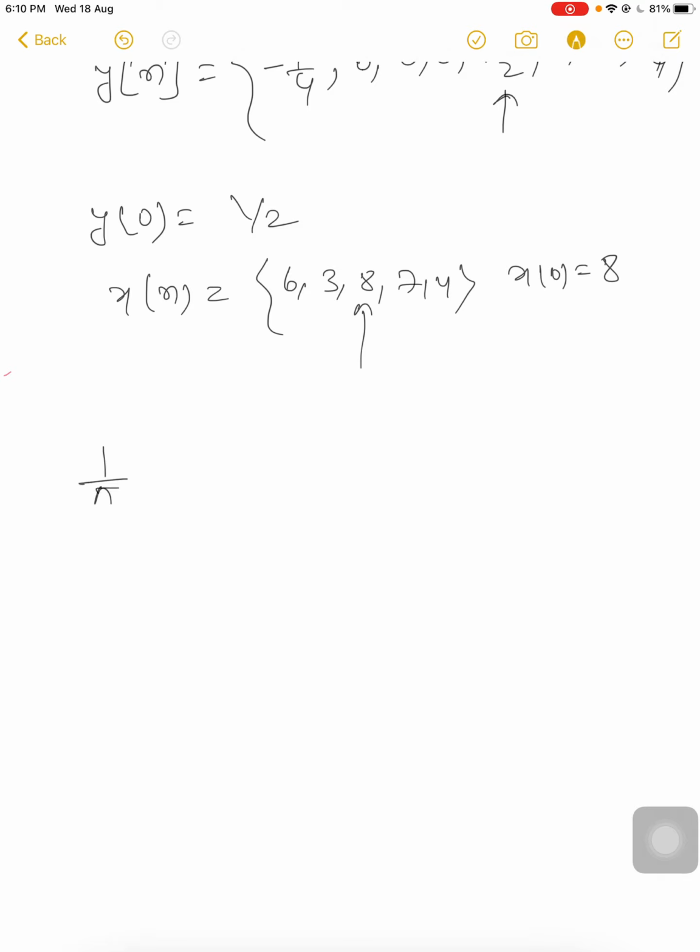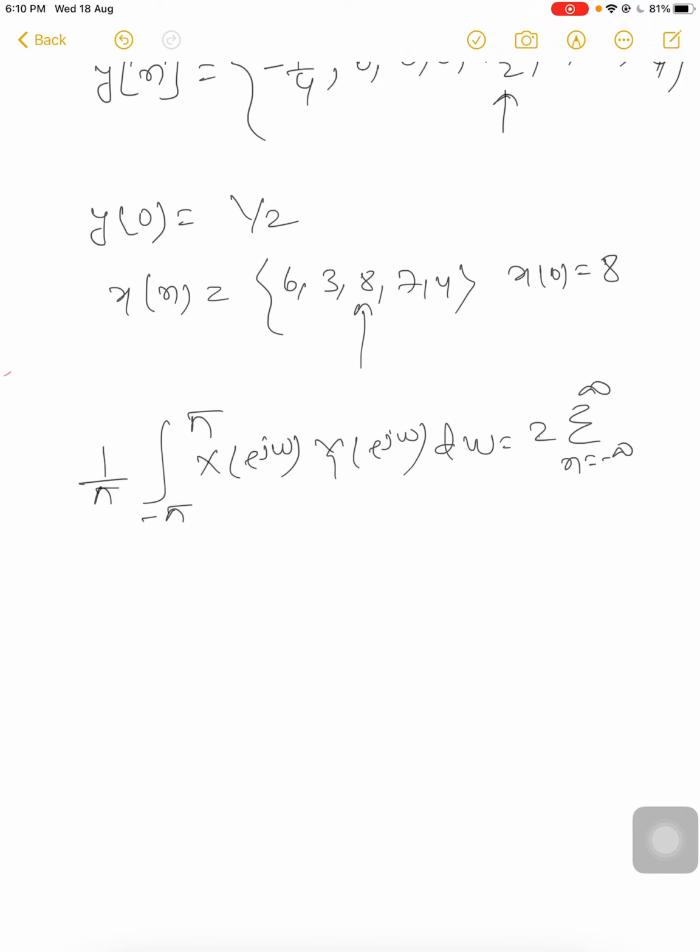And we know that 1 by 2 pi, integral from minus pi to pi, X(e to the power j omega) Y(e to the power j omega) d omega is equal to nothing but the summation of n from minus infinity to infinity, x[n] y[minus n], and since the 2 comes to this side it will be 1 by 2 pi. Okay, so x[0] y[0]. Then 2 into 8 into 1 by 2, so it will be 8. The right answer will be 8.